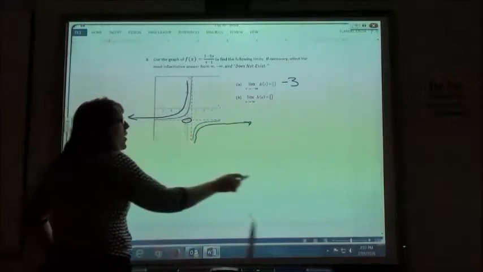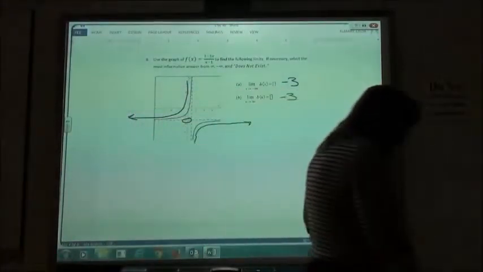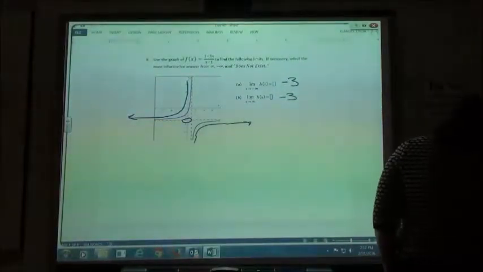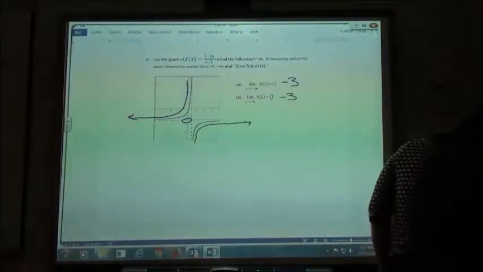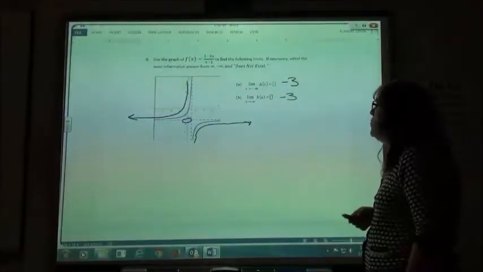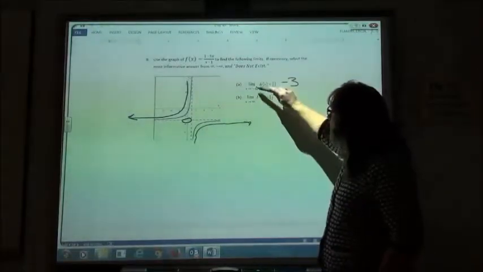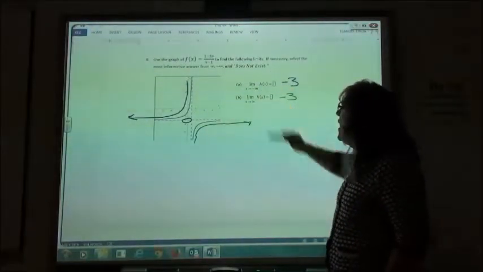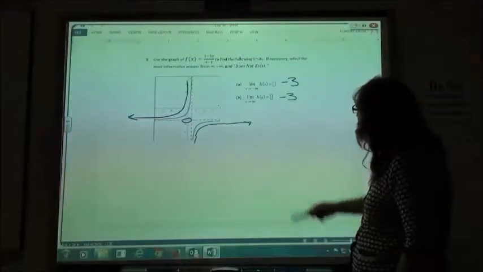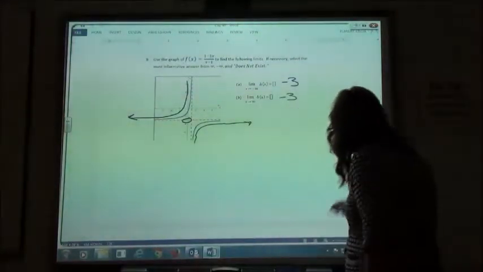And again on this one, it levels off at negative 3. They don't ask for the limit of either of them. They're just having you do what is the limit as I go to negative infinity and what's the limit as I go to positive infinity. Happens to be that they both ended up being negative 3.